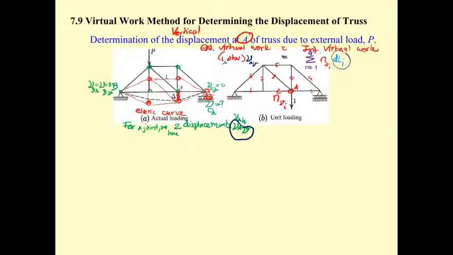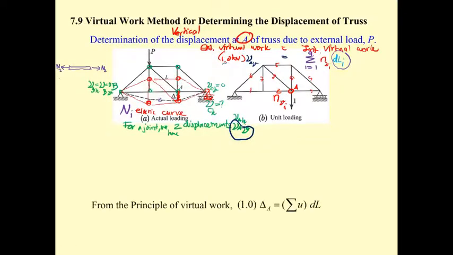This is the deformation of the member due to the real force. If you take one member, say number 2, the force here due to the real force produces n sub i, so this is going to be n2.